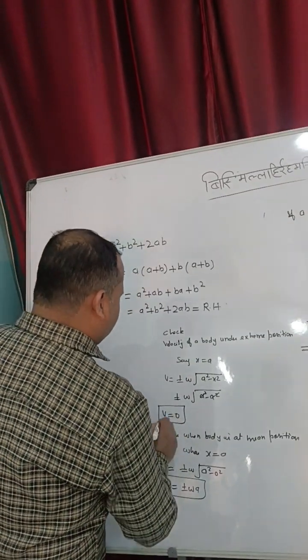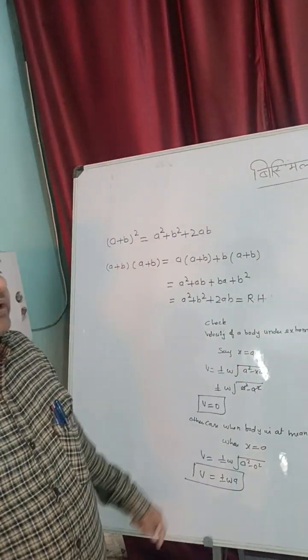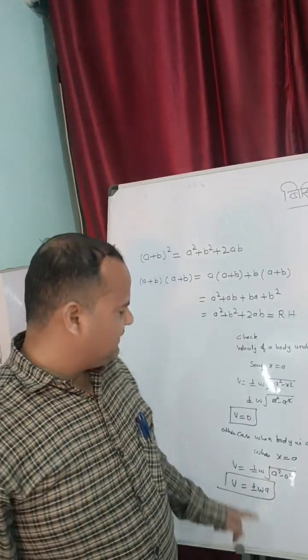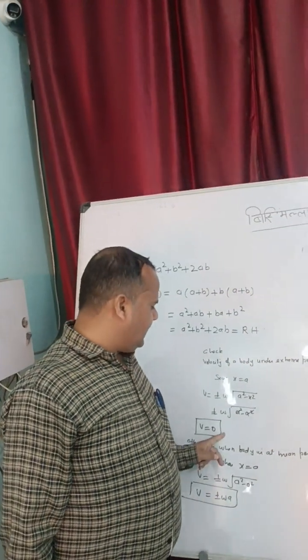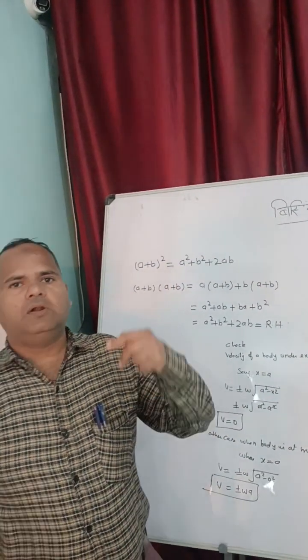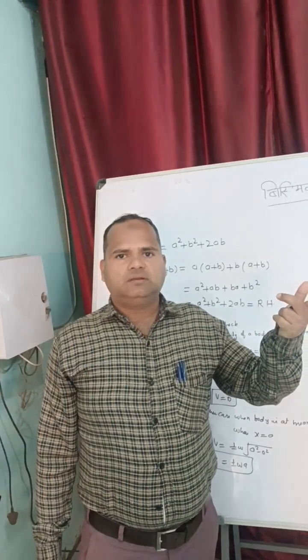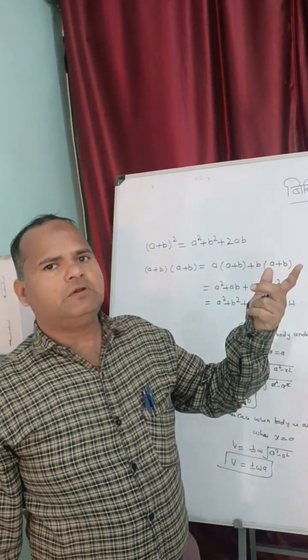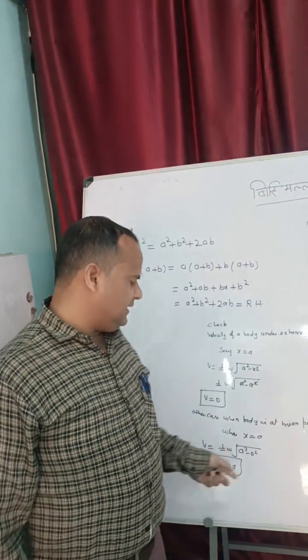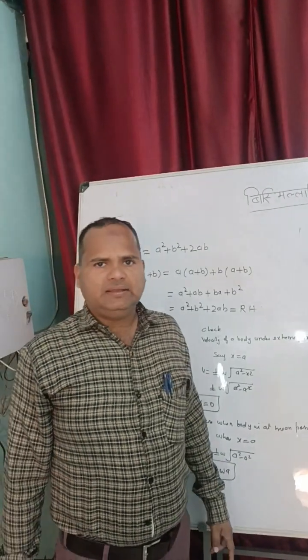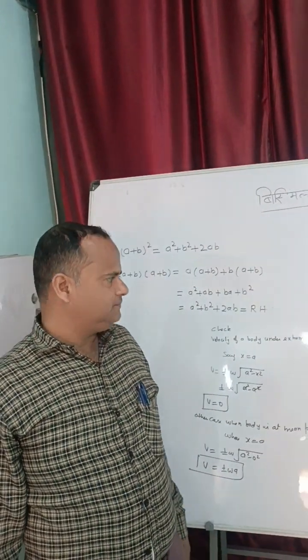From the two cases, we reach that at the extreme position the body will have zero velocity, and at the mean position it will have maximum velocity.